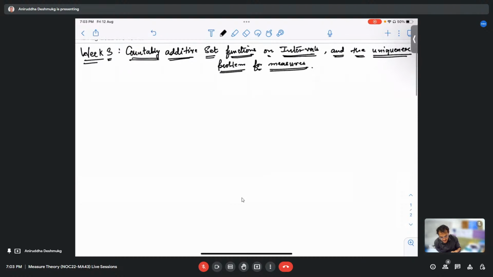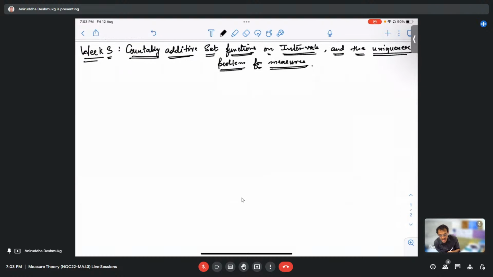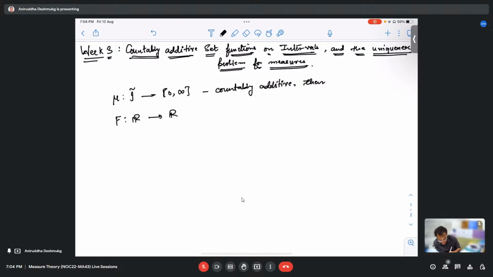What we saw was that, given a countably additive set function, we can find a monotone increasing function which is right continuous in this manner. Suppose we have a countably additive set function from the set of all left open, right closed intervals to [0, infinity). Then we can define this f from R to R. How do we define it?